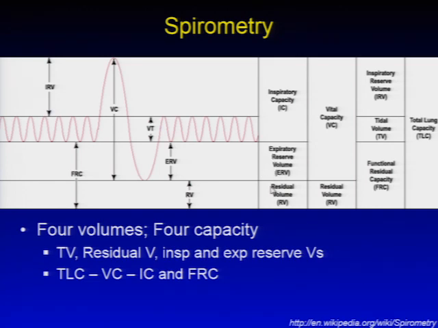And then you have 4 capacities. One is the total lung capacity here, and also the vital capacity, and then also the inspiratory capacity, which combines the inspiratory reserve volume and also tidal volume, and also functional residual capacity, which is a combination of the expiratory reserve volume and residual volume.